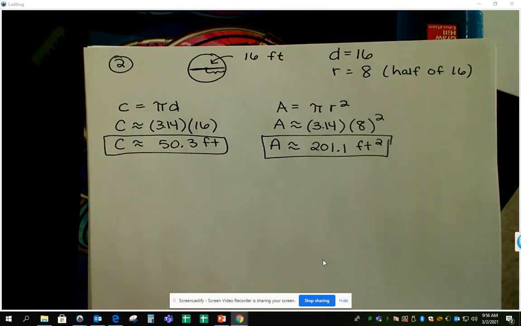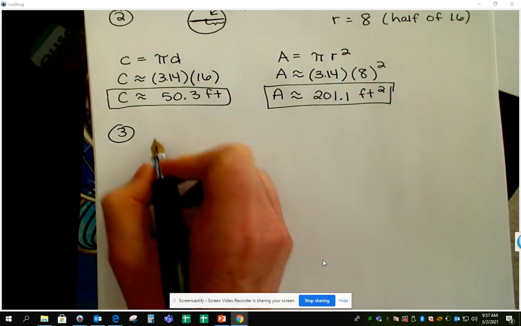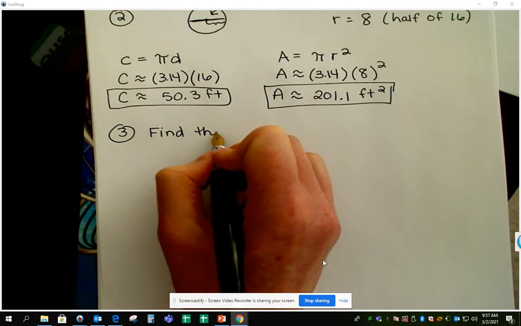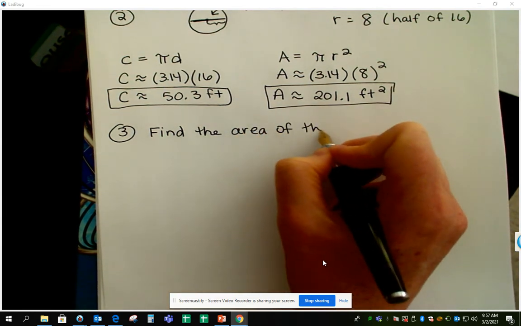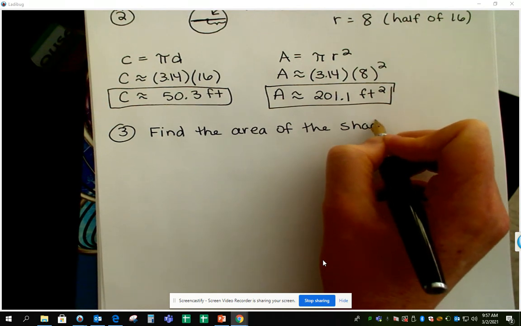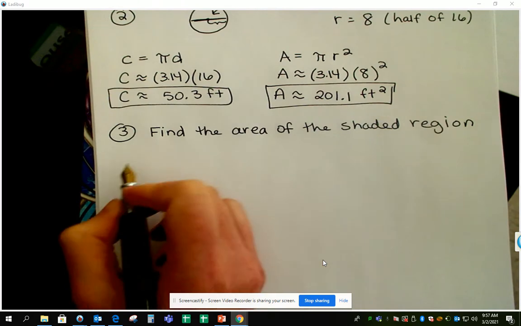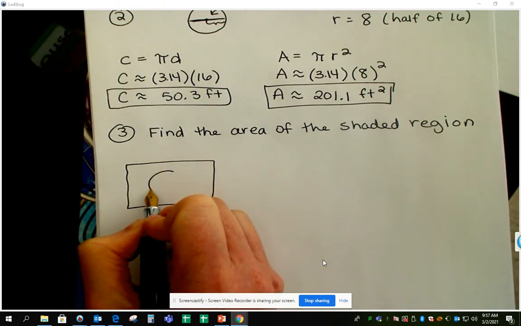All right, we've got one more. This one's a little challenge. See if you can do it yourself. If not, watch with me. Find the area of the shaded region. And we are given this as a rectangle with a circle inside of it.